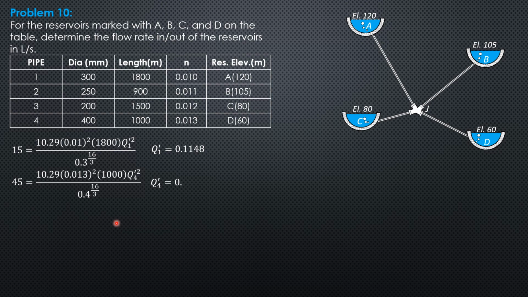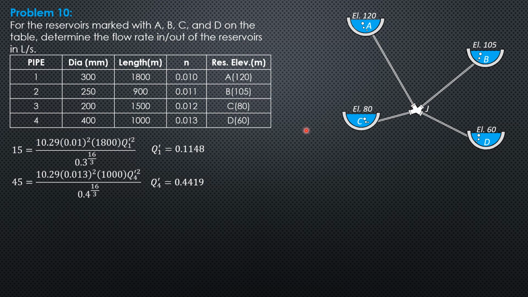So Q4 prime is 0.4419 cubic meter per second. Therefore, Q1 prime is less than Q3 prime plus Q4 prime, because even Q4 prime alone is already greater than Q1 prime. So that means the isometric level is maybe between B and C.